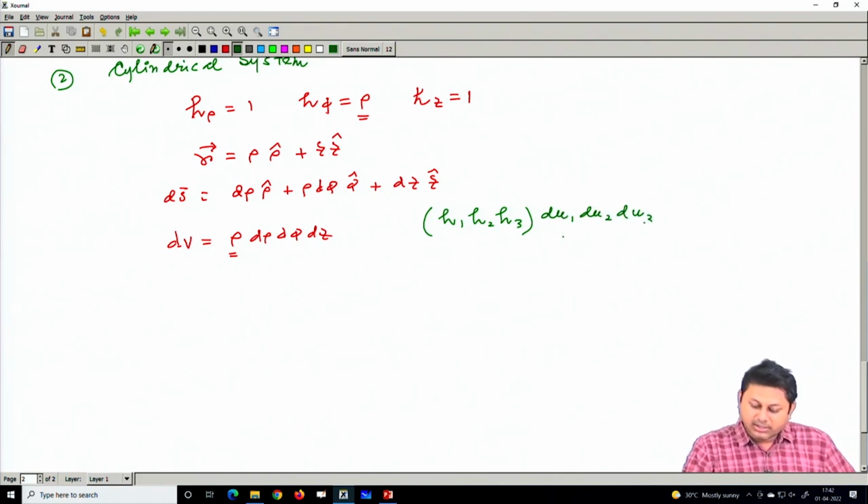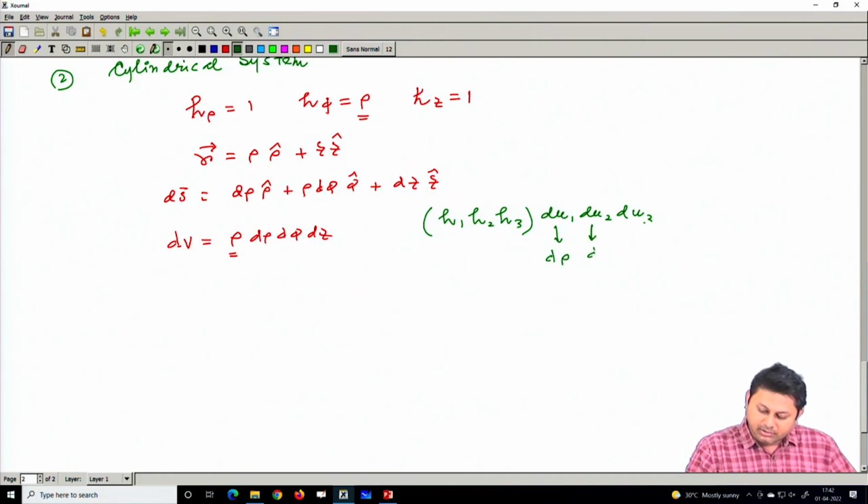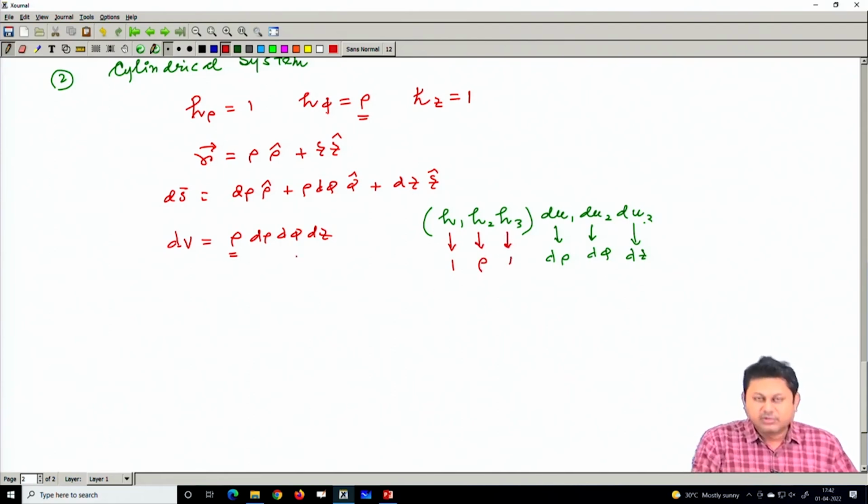Here du1 is d rho, du2 is d phi, and this is dz. H1 is 1, H2 is rho, and this is 1. Now, if I put all these things here, you will find the volume element, which is this one.